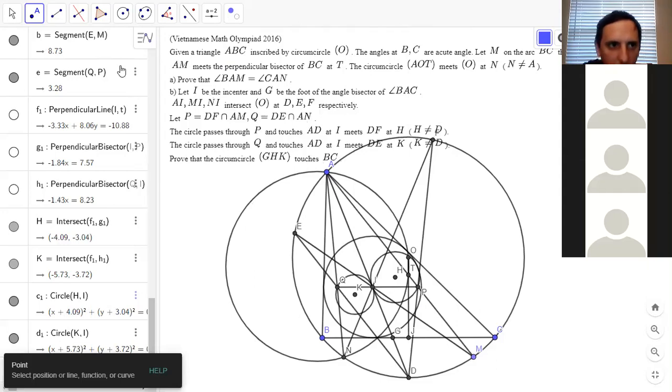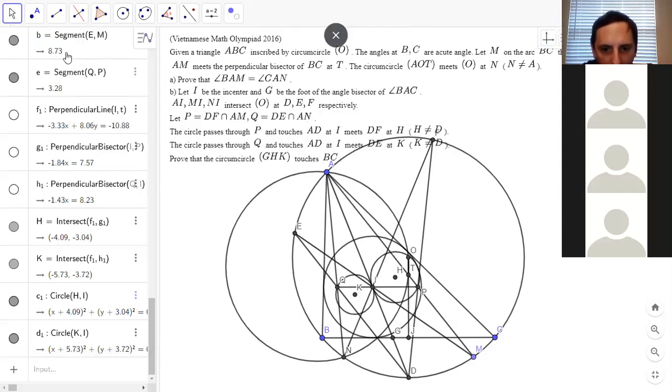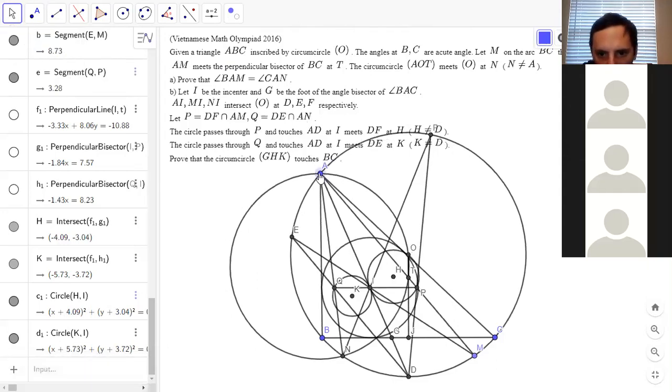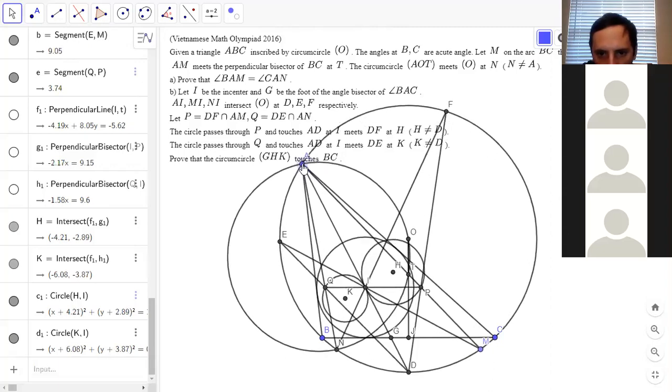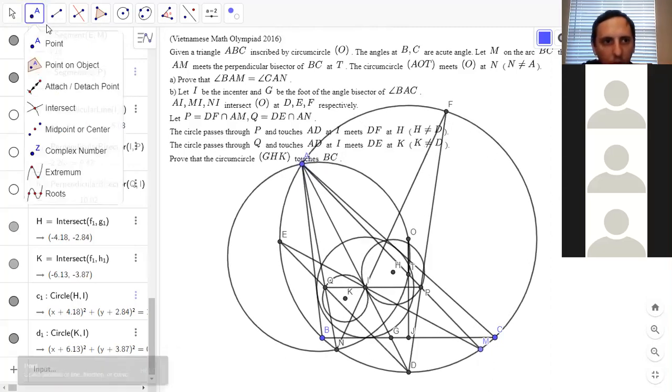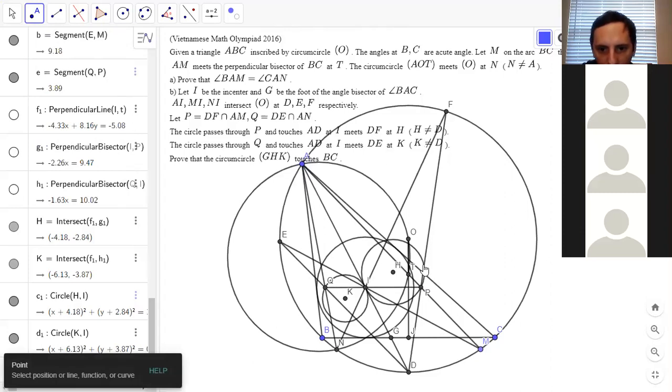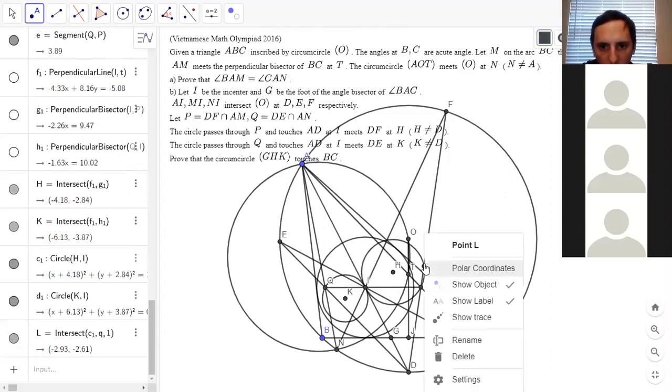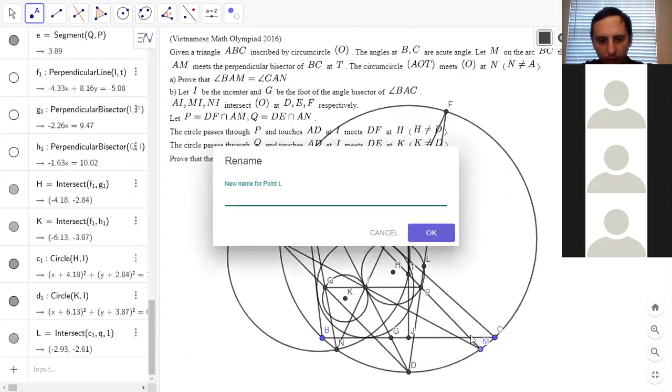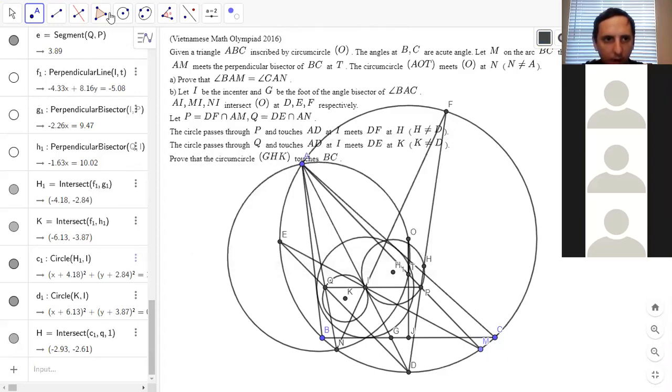It almost looks like, I don't want it to think H is on the incircle. Okay, so this should be point H. And then the other H, I think we'll have to rename. And then this point is K.